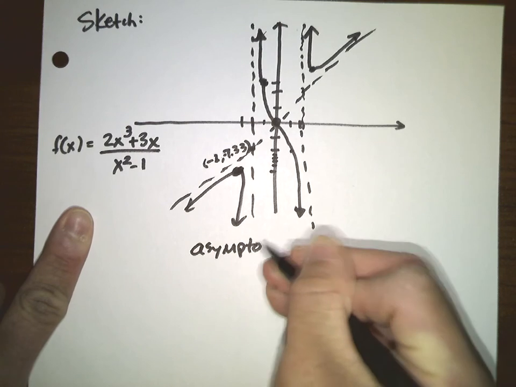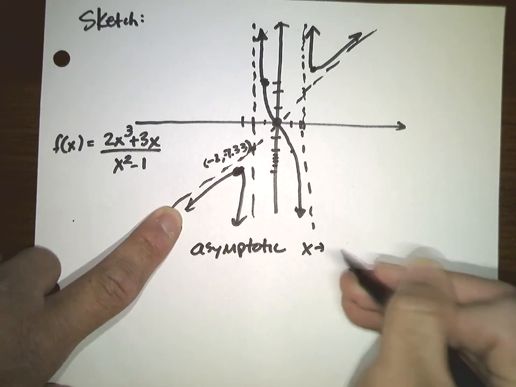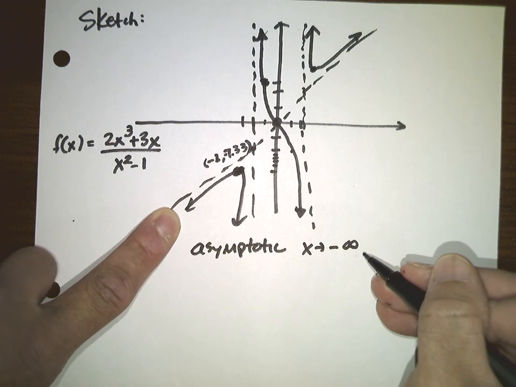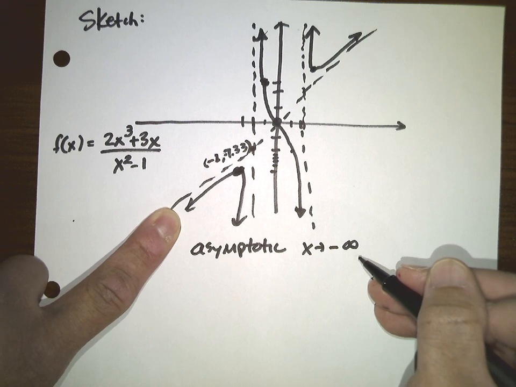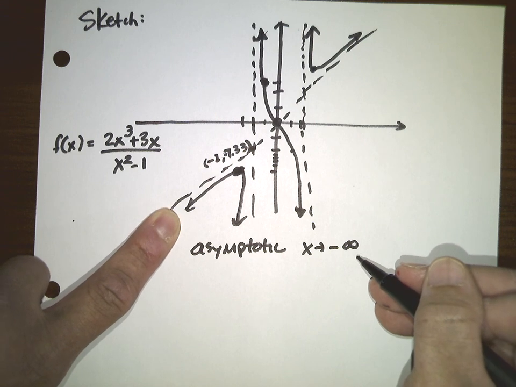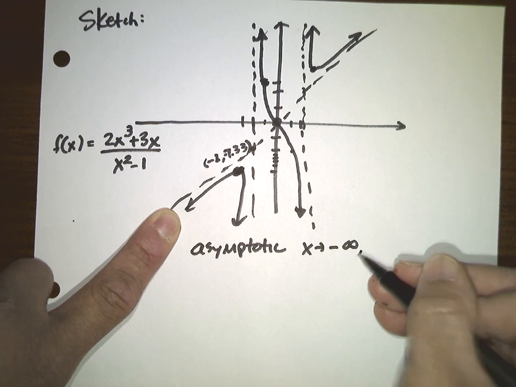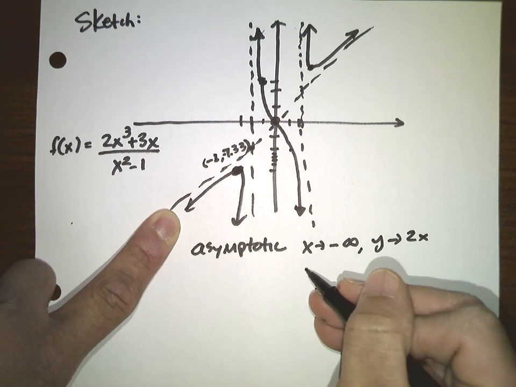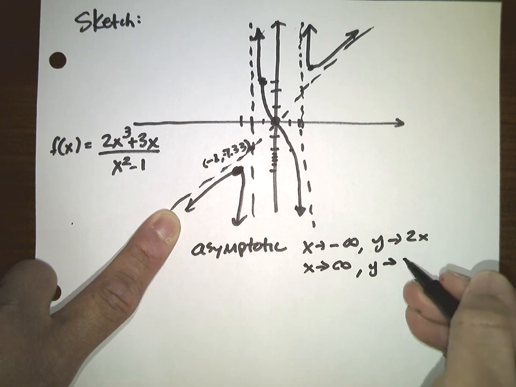So asymptotic behavior would be: x approaches negative infinity. Well, this one, if you see what's going on, remember that the y was not approaching a number, so that one would not be really anything except y approaches 2x. And as x approaches infinity, y was also approaching 2x.